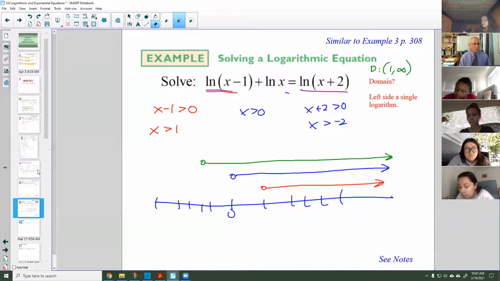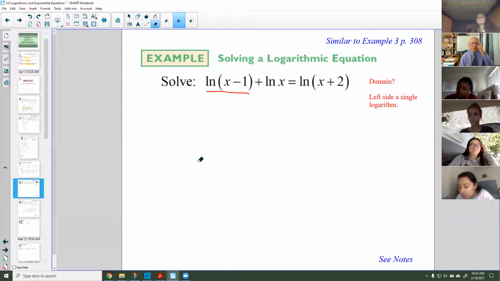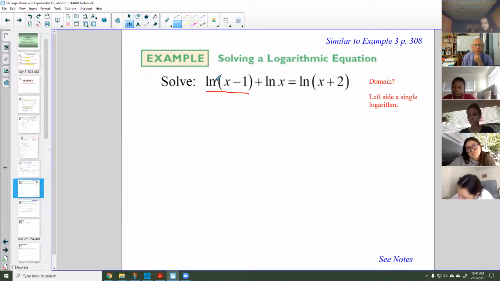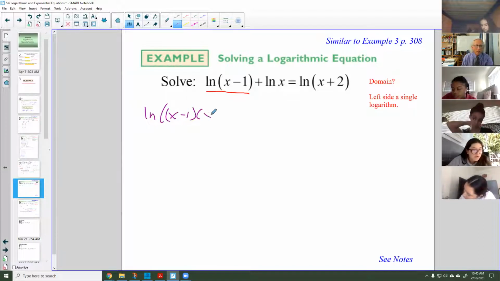Okay, so now let's see if we can make the left side a single logarithm. Well, again, I'm going to use my properties of logarithms, and let's do this one here. I can make the left side a single logarithm, ln of x minus 1 times x equals ln of x plus 2.